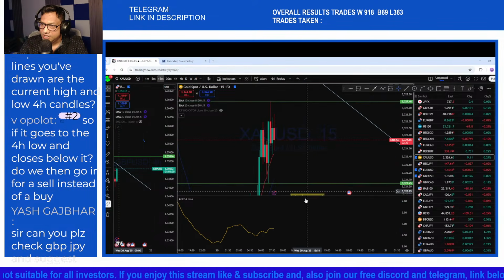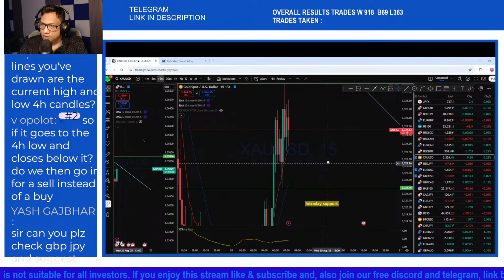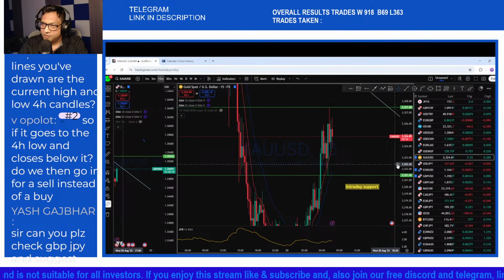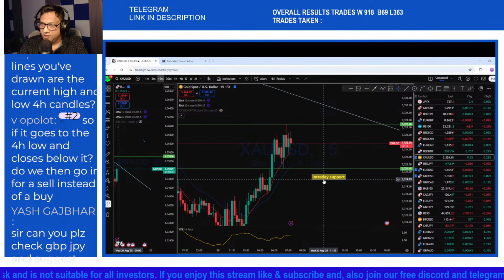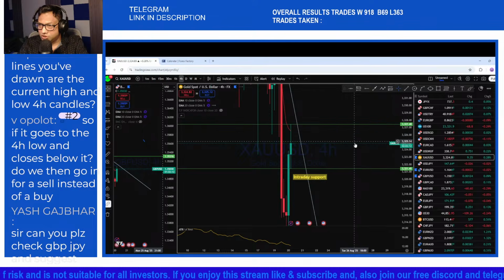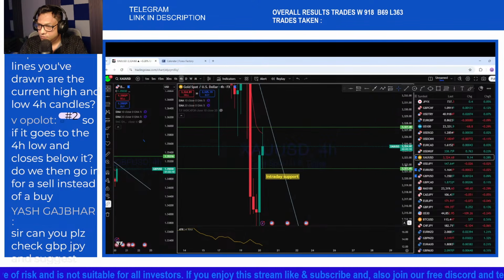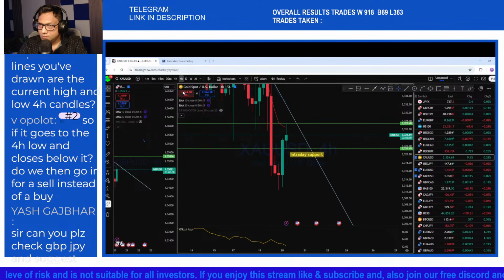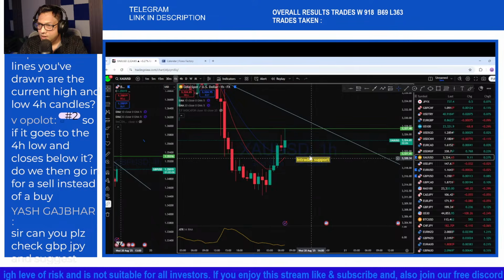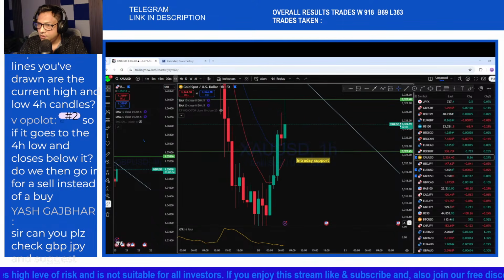So let's see here now. If you look here, you can see the market. This is the 15 minutes price action, at the 4 hour support level.